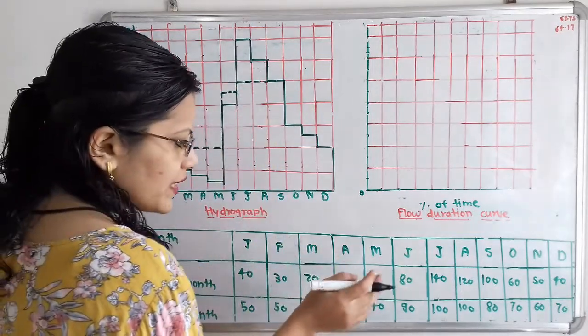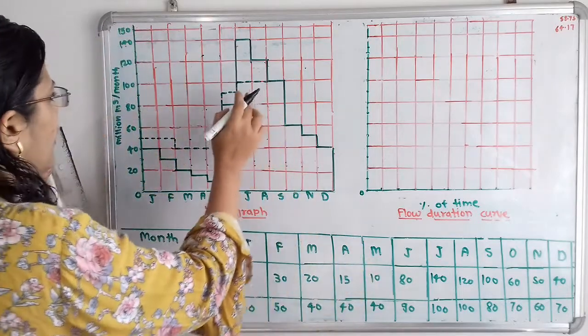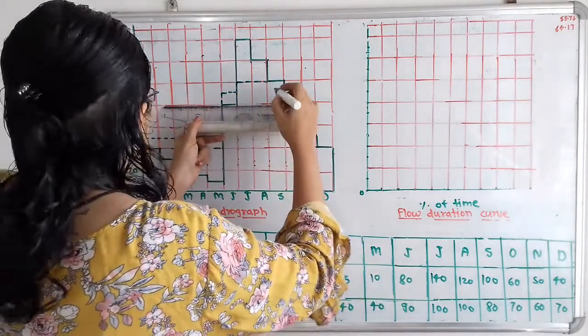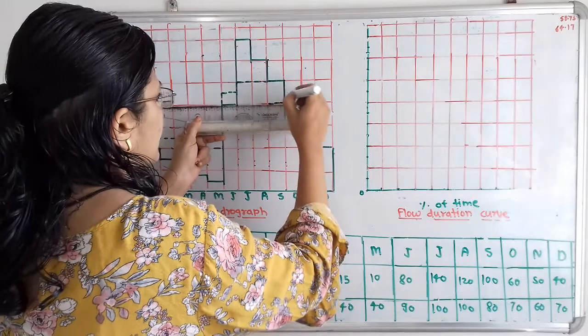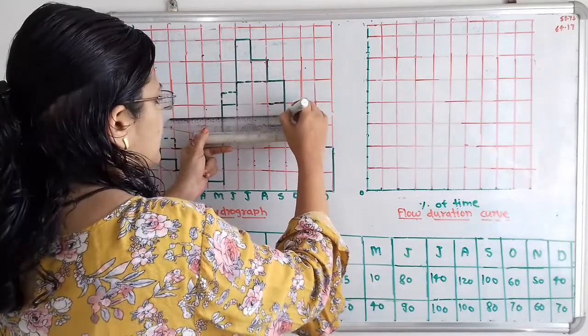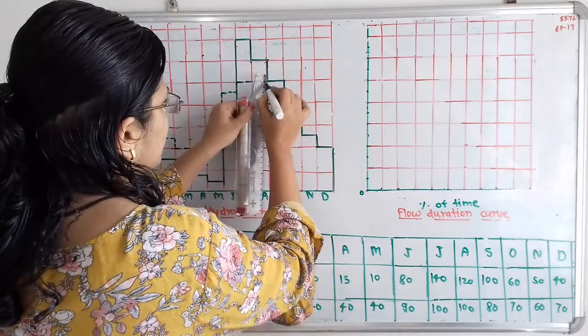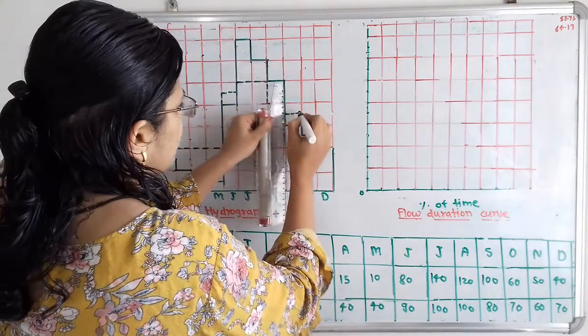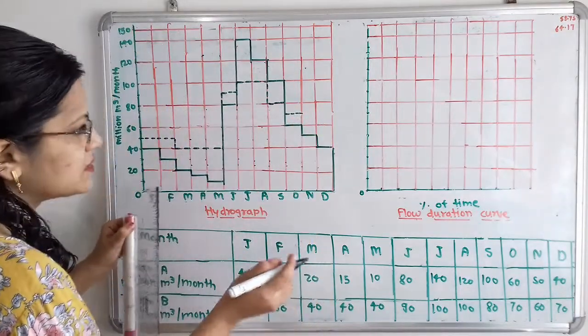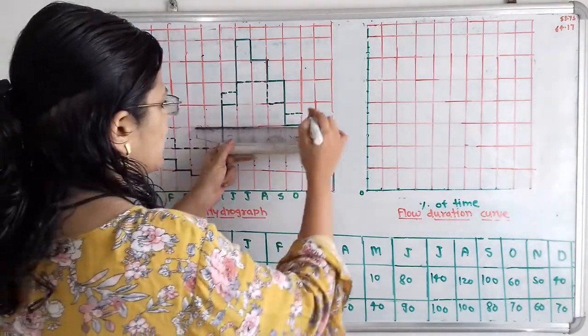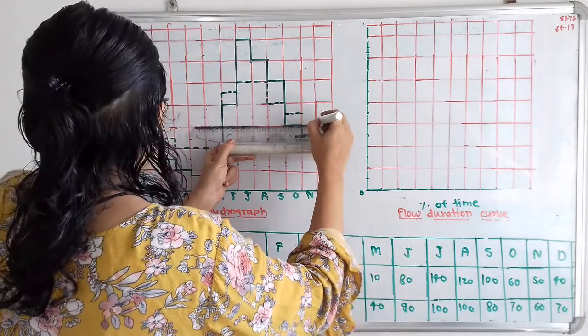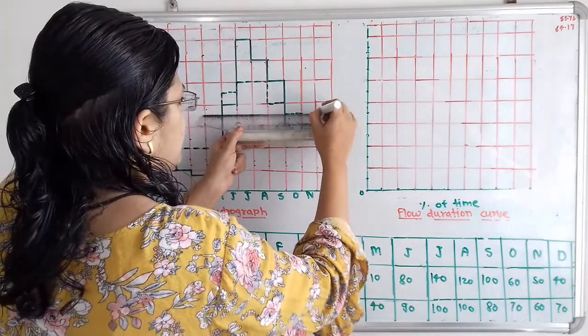Then after that it is 80, so here is 80, and then it is 70. Then 60, and then again it is 70.